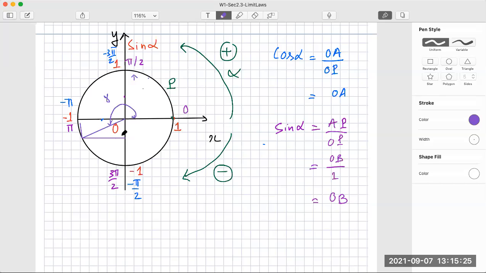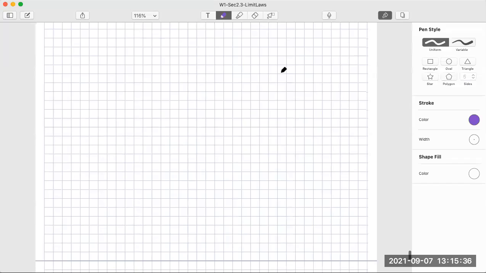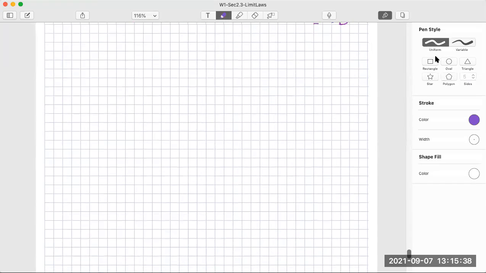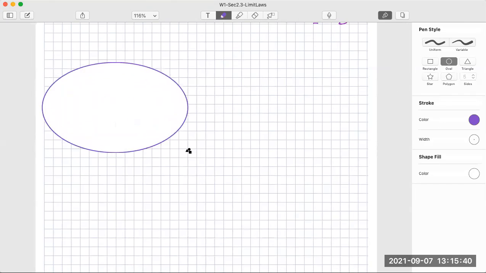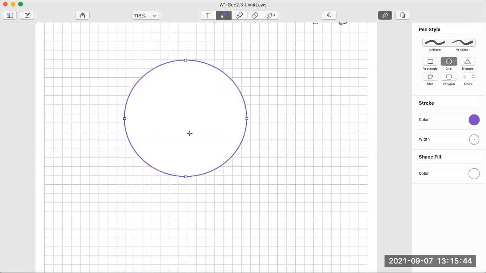Now let us take this chance to explain tangent and cotangent at the same time. Let us draw another unit circle and we'll talk about tangent and cotangent. It's very useful.